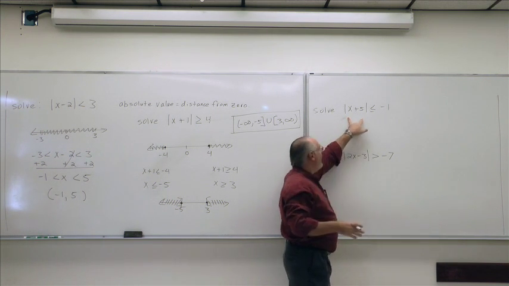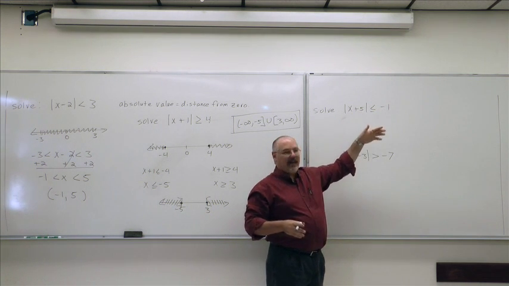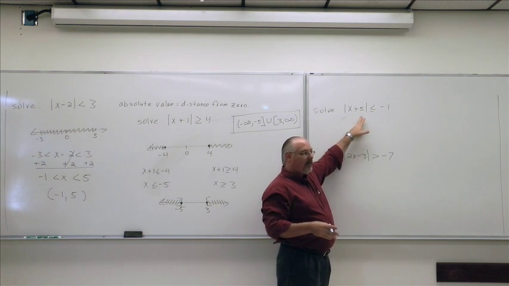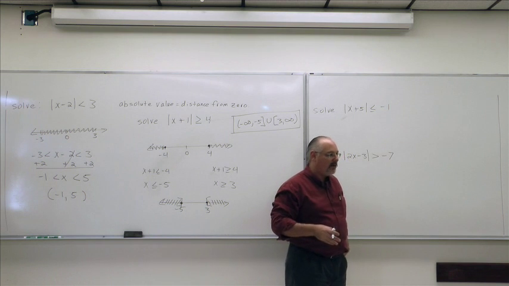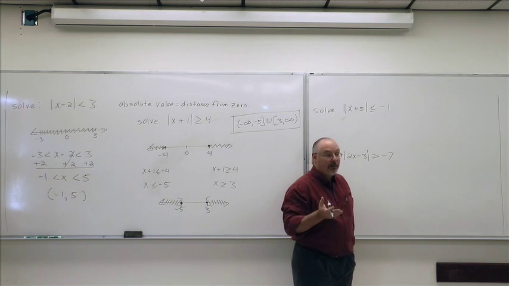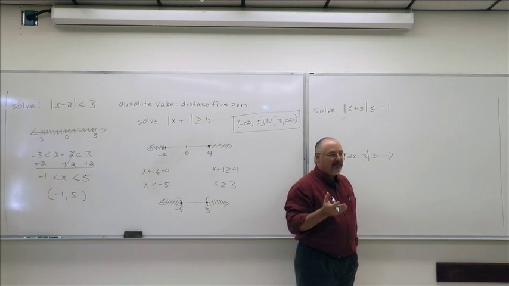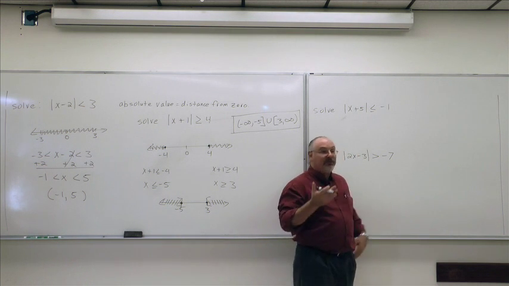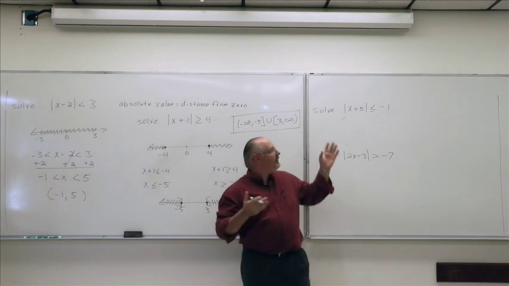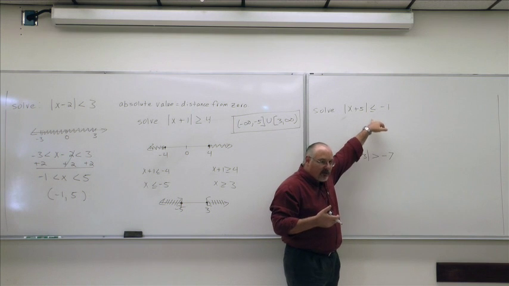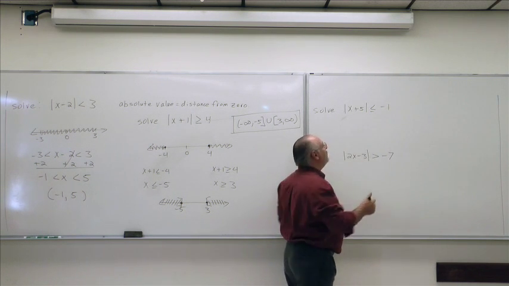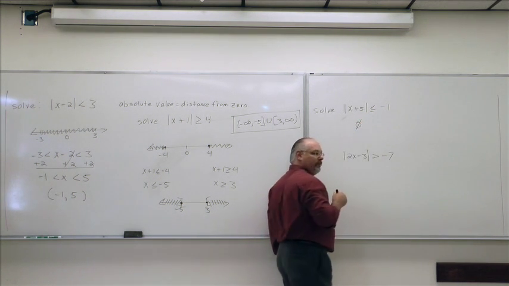All right? So if I say 0 or a positive number is less than or equal to negative 1, when is that true? Never. That's never true. 0 or a positive is never less than negative 1, okay, so this one is no solution.